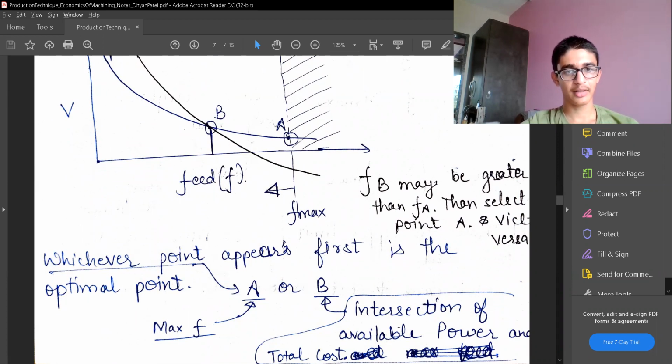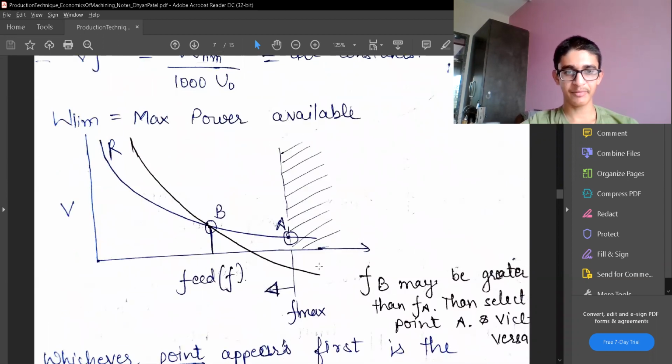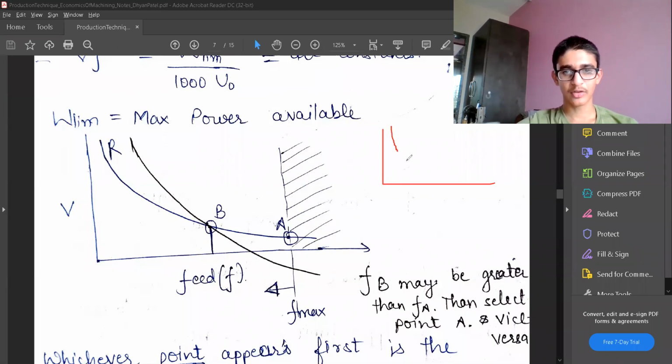So in that case, I'll have the best working possibility, but it can happen that FB, that is the point B, here is the intersection for these two curves, but this curve is going to intersect it later. So this is the cost curve.